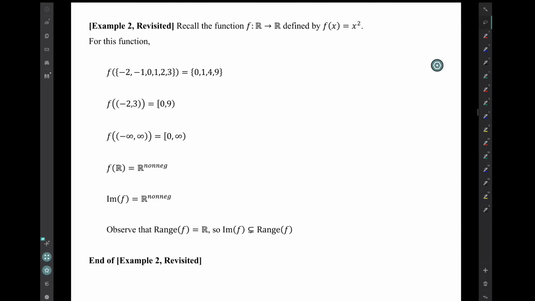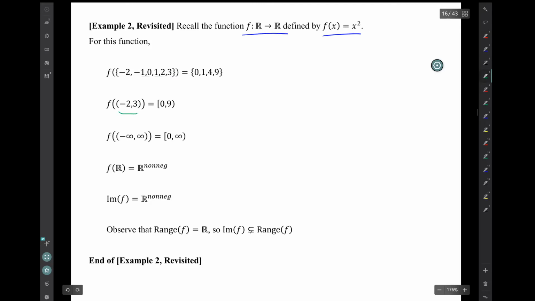Let's go back and revisit example 2 again. So in example 2, we have this function from the real numbers to the real numbers that's given by the formula f of x equals x squared. For this function, the image of this set is this set of outputs. So negative 2 squared is 4. Negative 1 squared is 1. 0 squared is 0, and so on.